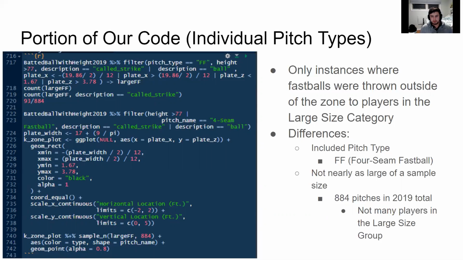That was a fastball. Other than that, our code is pretty much exactly the same. On line 740, that last number, 884, represents the total amount of pitches, which we found on line 718 using count_large_FF for large size group four-seam fastball. That way we can see every pitch charted within that specific scenario.